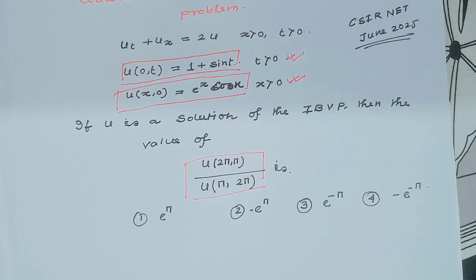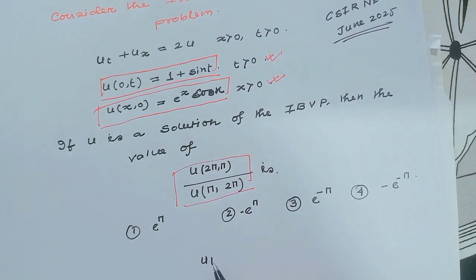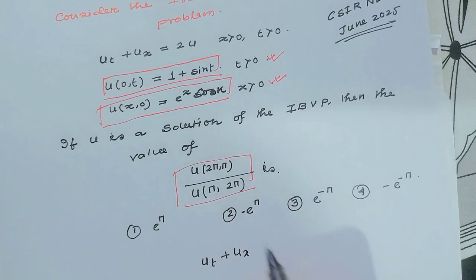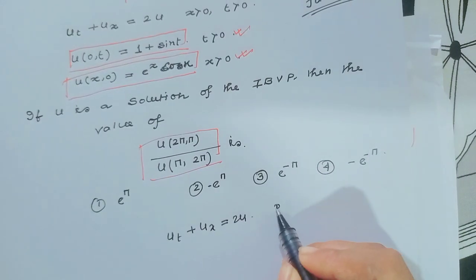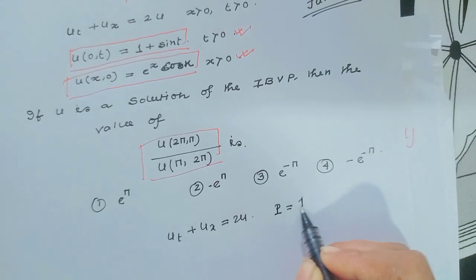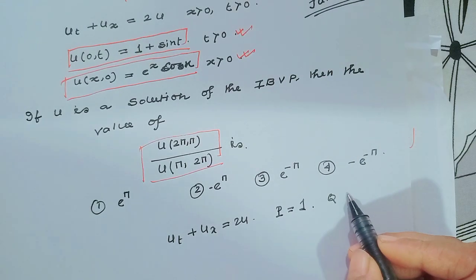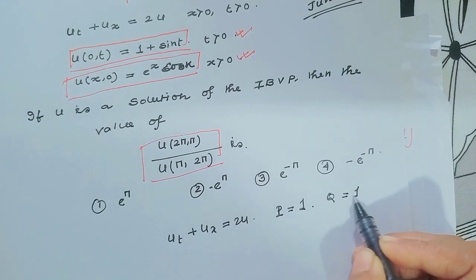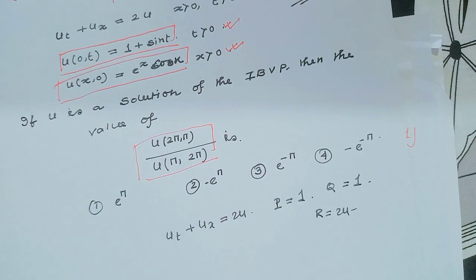For this, at first u_t plus u_x equal to 2u. Here capital P equal to 1, capital Q equal to 1 and R equal to 2u.